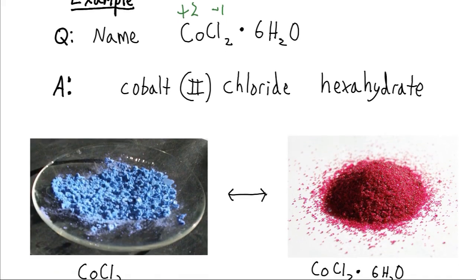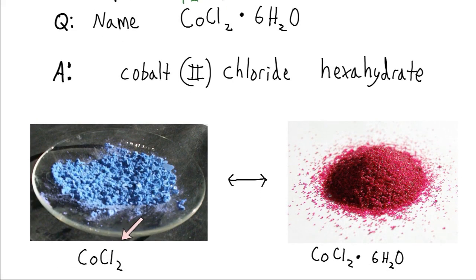I have a picture here. So here is the cobalt chloride, and here is the cobalt chloride hexahydrate. And the presence of the waters shifts the energy levels of the electrons in this ionic compound, giving a different hue when you look at it. And if you wanted to, you could interconvert back and forth between these all day.